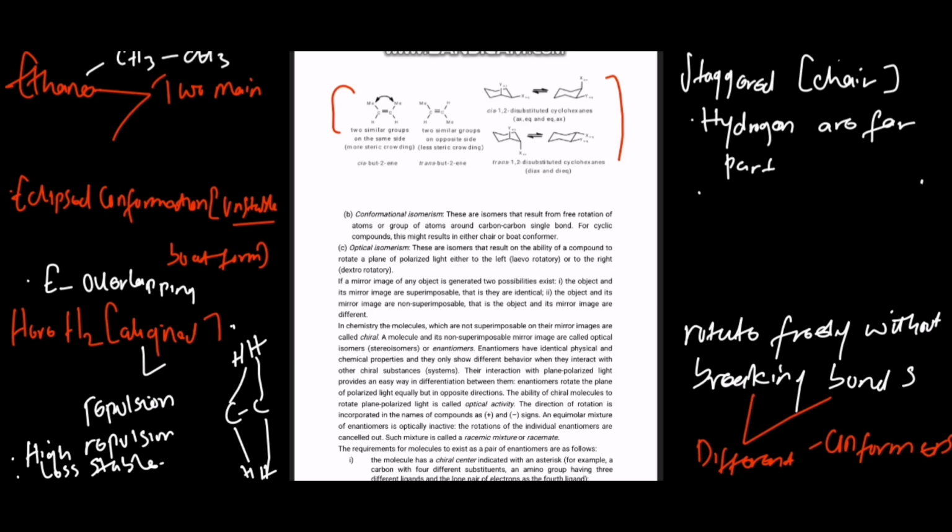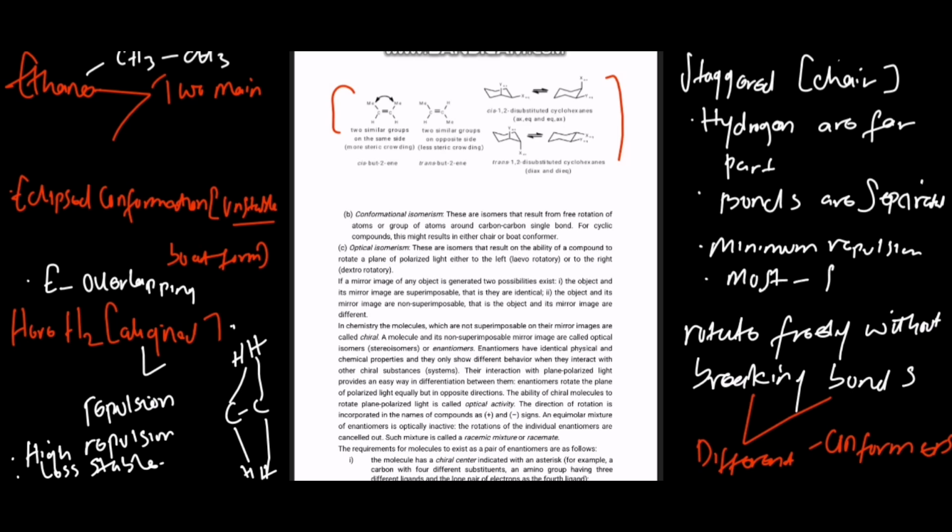Why in the staggered conformation? Here the hydrogens are far apart, and the bonds are separated. Since the bonds are separated, there is minimal repulsion, and since there is minimal repulsion, it is the most stable. Please take note of it.